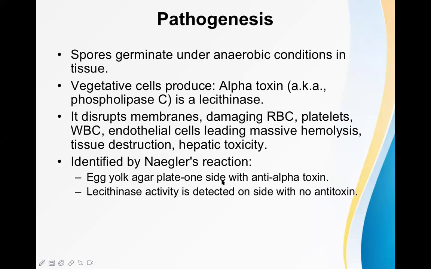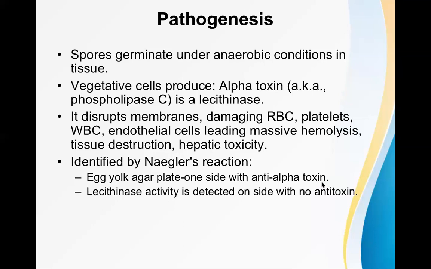So how do we do this Nagler's reaction test? It is done in an egg yolk agar plate. On one side of that egg yolk agar plate, we put anti-alpha toxin. Then on the other side, we don't put any anti-alpha toxin.